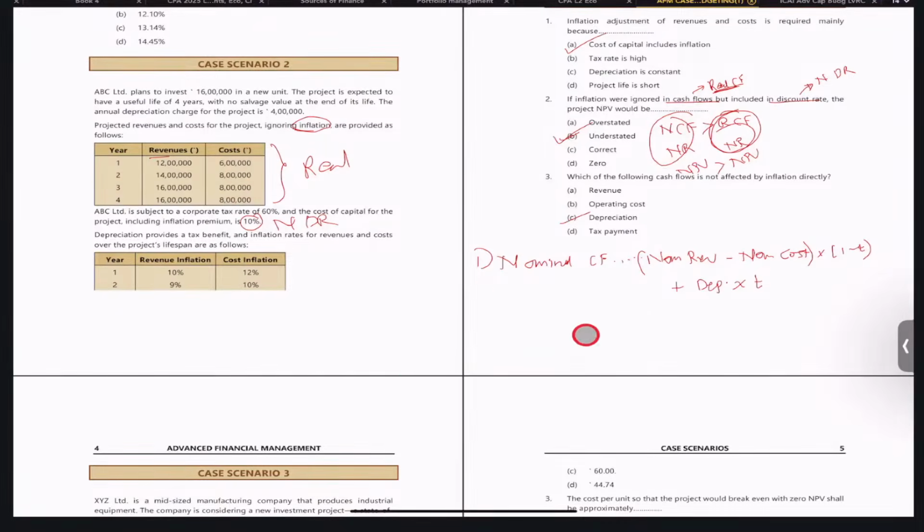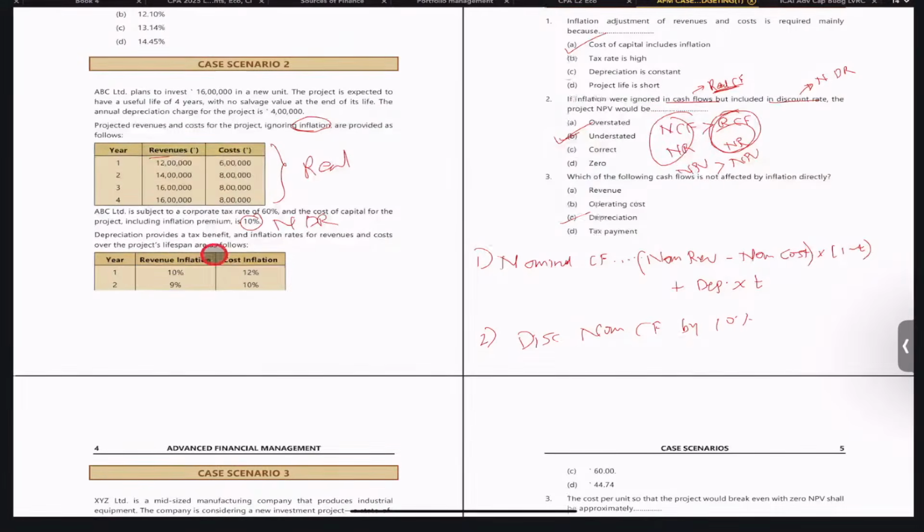So this is the first step that you do. Calculate the nominal cash flow for each of the years. And then the second step would be to discount your nominal cash flows by 10%.